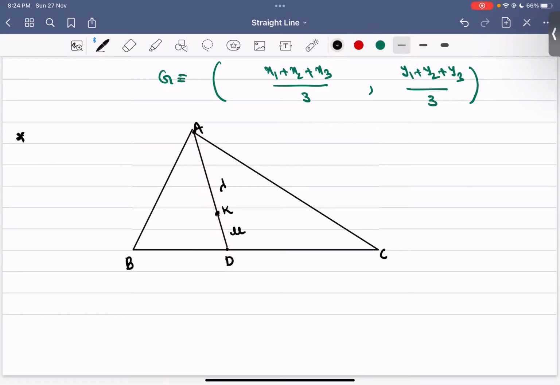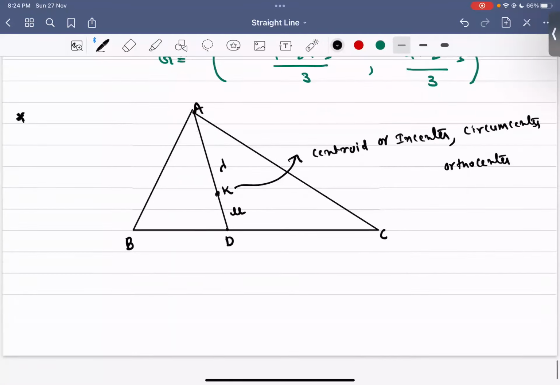D is a point on the line BC. So here K divides AD in the ratio lambda is to nu. Now here this K may be the centroid or incenter, or circumcenter or orthocenter.